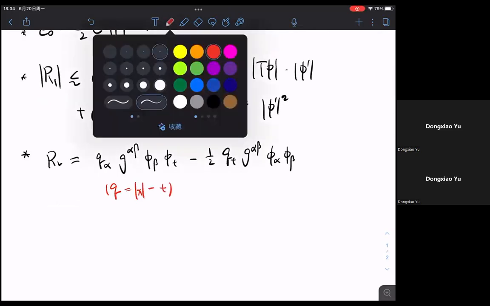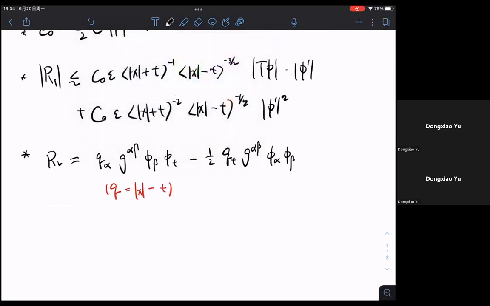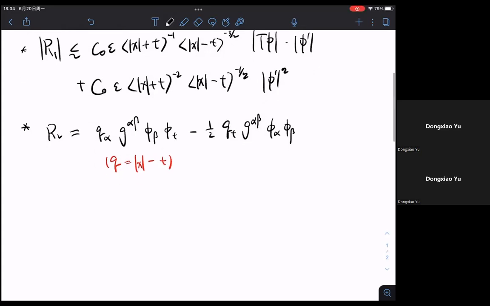That is something we use to connect the estimates with our null condition, because Q_t squared equals Q_1 squared plus Q_2 squared plus Q_3 squared, so we can use the null condition to get something equal to 0. That is the reason why we use this Q.